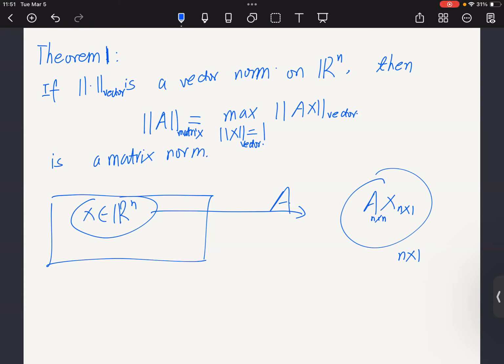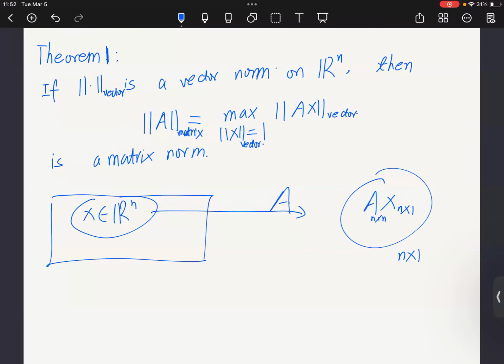So here we just evaluate all the vector norms for the unit vectors, and then take the maximum among them. This is the biggest value of AX, and that is how we define this matrix norm.